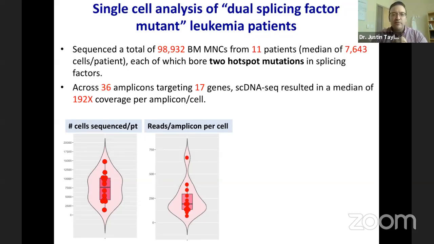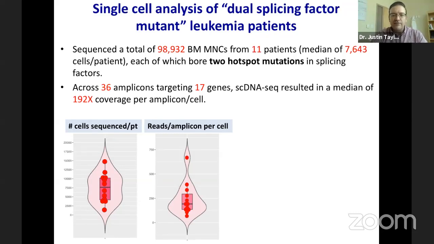And then we also covered genes that were seen in this cohort of patients that were outside of the splicing factor mutations, but were co-occurring with them. And so we got good coverage, 192x coverage per amplicon per cell.